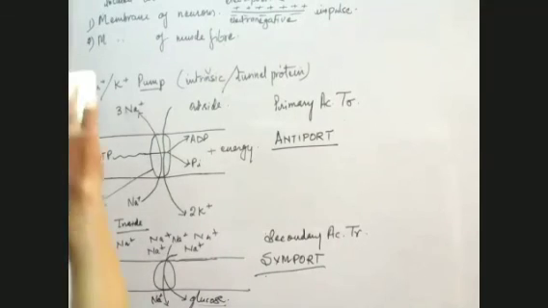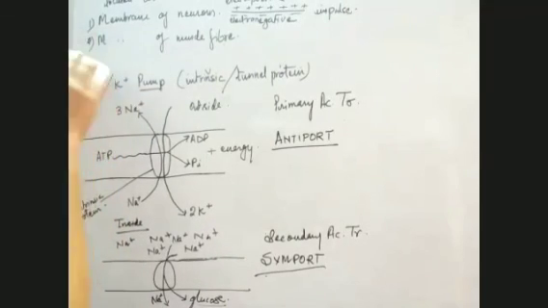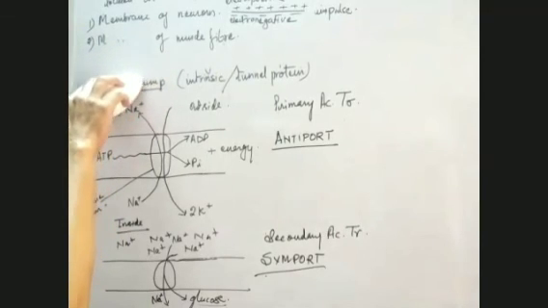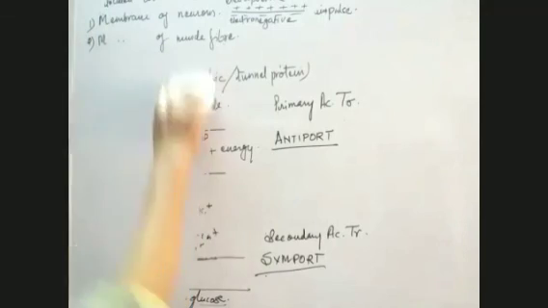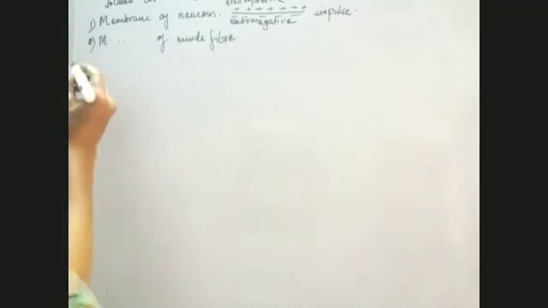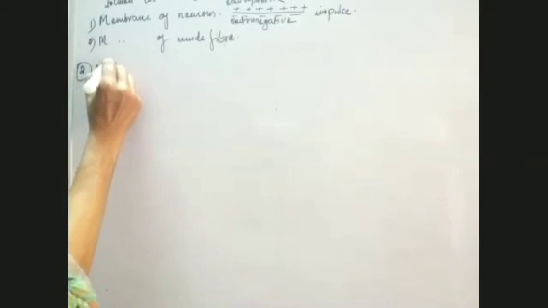Now first we have discussed the sodium potassium pump. Now I'm going to discuss only the sodium pump. There is another type of pump which is known as the sodium pump.